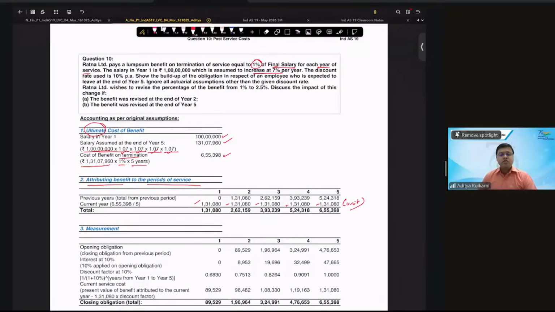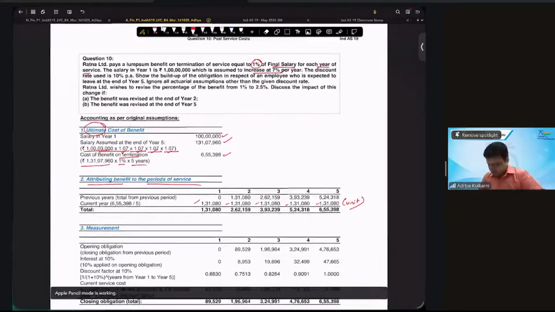In this case, 1 unit is equal to 1,31,080 rupees. In the previous example, 1 unit was equal to 7,50,000 rupees, right? 45 lakh divided by 6. So this is equal to 1 unit. Now I need to do the discounting. Why? Because payment will happen at the end of year 5.